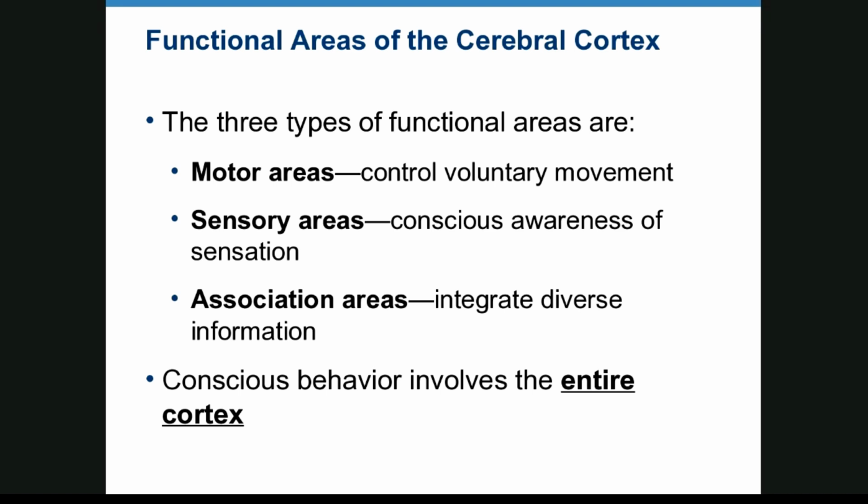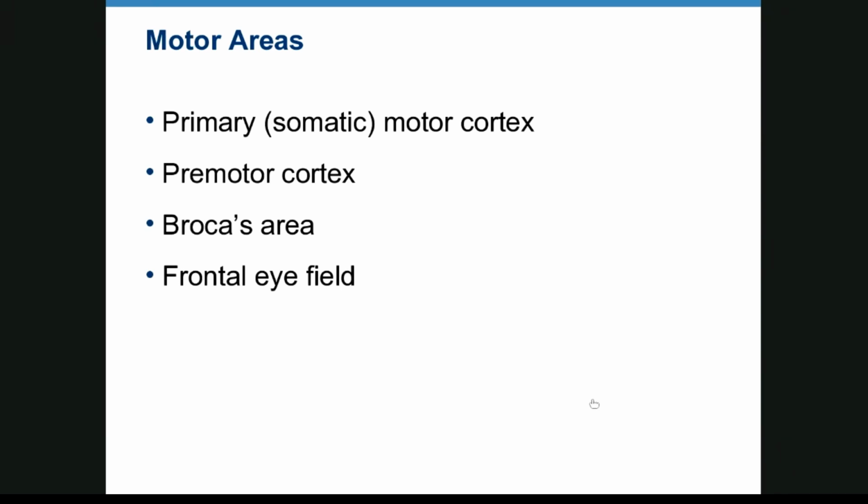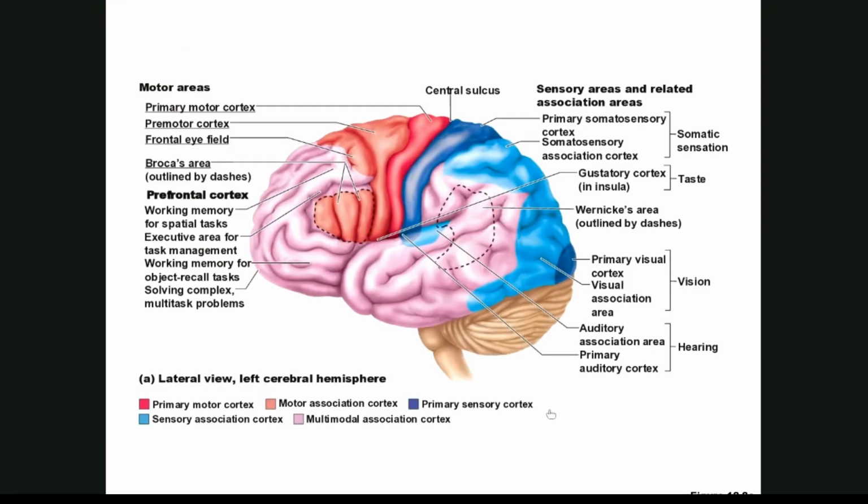You can't just divide out and say, oh, this one little part is involved. Motor areas, I think the easiest thing is to look at the picture. Okay, here is our central sulcus here. Then we have the primary motor cortex, the premotor cortex, frontal eye field, Broca's area here, and then the prefrontal cortex.